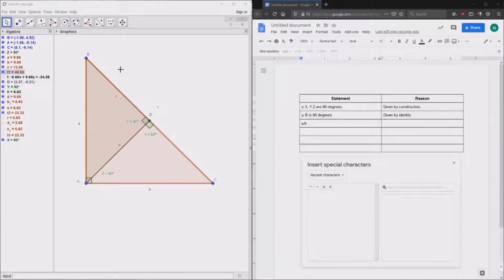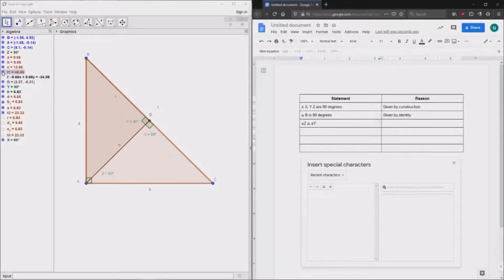Next, we can say that angle BDA of the small triangle, which we have labeled as angle Y, is congruent to angle BAC, which we have labeled as angle Z, of the large triangle because they are both 90 degrees. So let's write that in. Angle Z is congruent to angle Y, and that's because we know they are 90 degrees by construction.